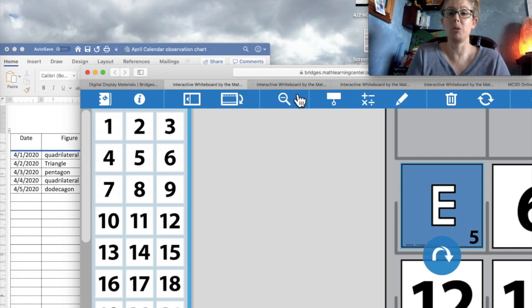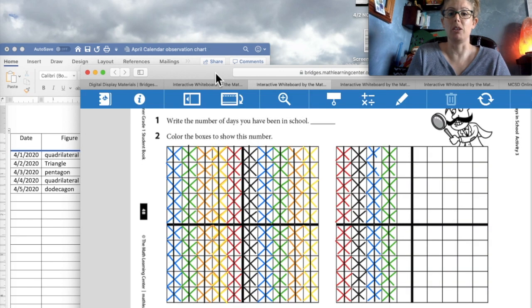And going into how many days we have been learning. Remember, if we see that full 100 chart here, all those X's all filled up, we have 100, and then we can count by tens here. 110, 120, 130, 140.